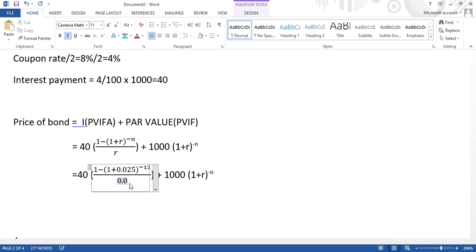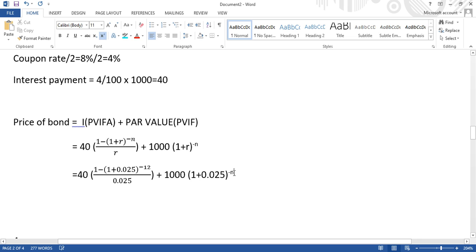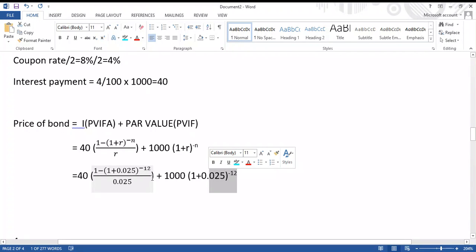1 minus 1.025 to the power negative 12, divided by 0.025, plus 1000 times 1.025 to the power negative 12. All right, so we do our tabulation. 1.025 to the power negative 12 gives 0.7435.